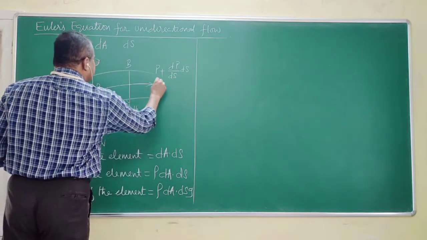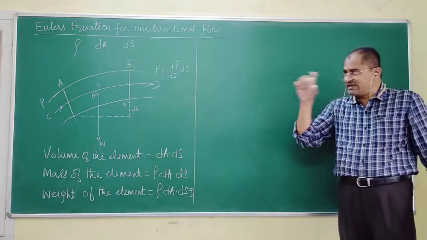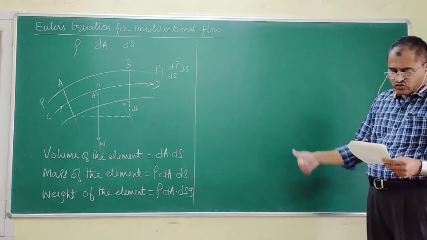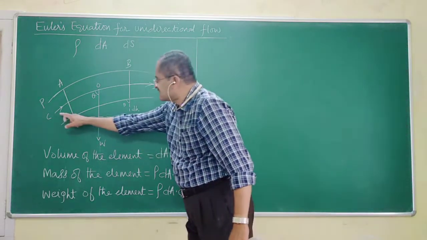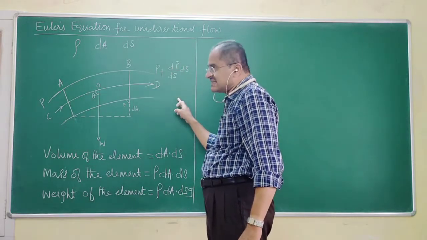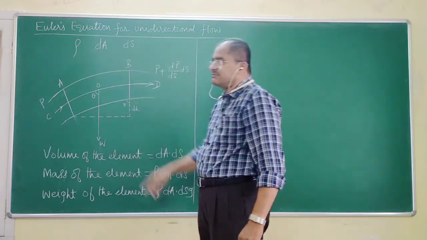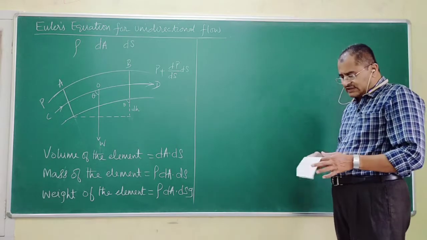Okay, let us call this as D. Let CD be a streamline motion making an angle theta with the vertical at O. You can see here very clearly, CD, I am considering a streamline motion, and this is making an angle theta with the vertical at the point O. I repeat, you see from the diagram, it is obvious.